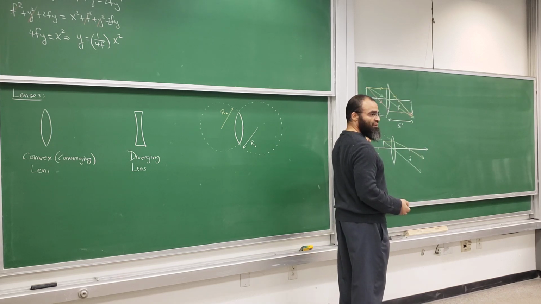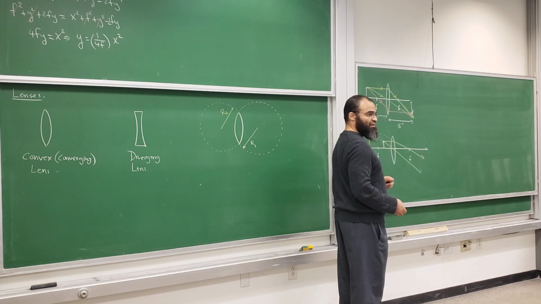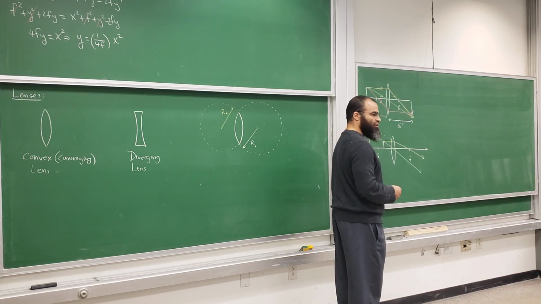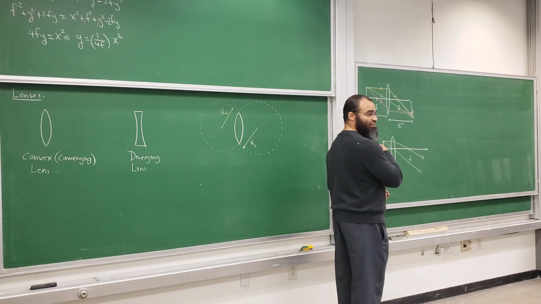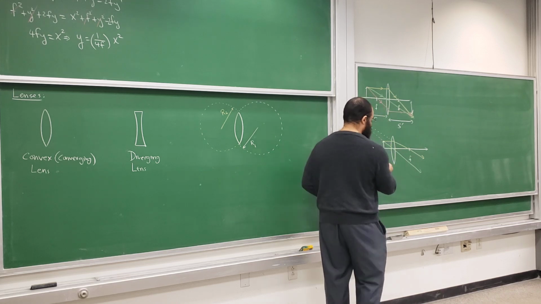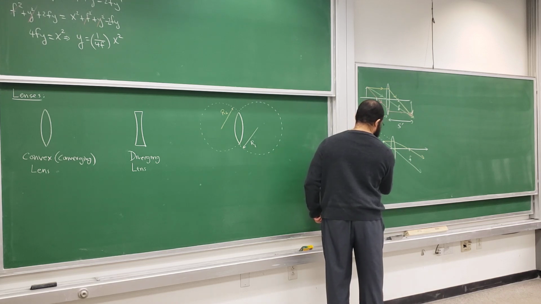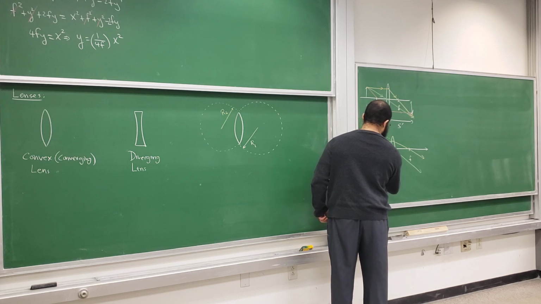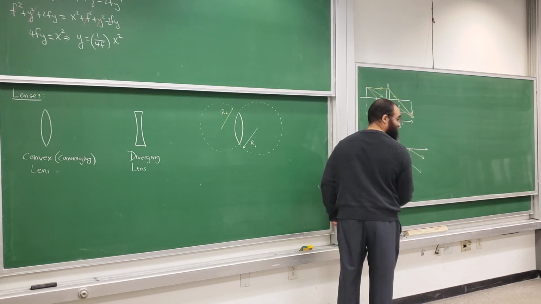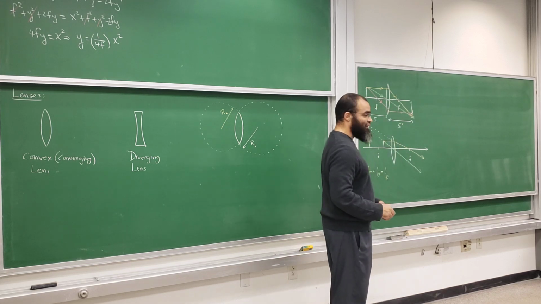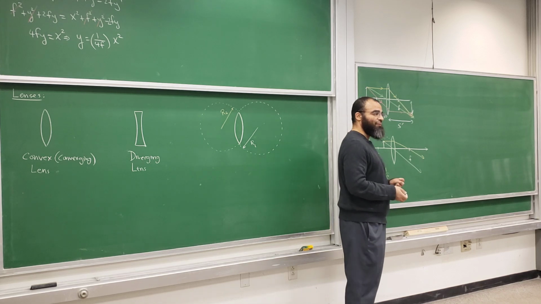So this will be a virtual image. The image distance is negative in this case. And the math will show us. The same equation, by the way, will apply here. We will get the same equation, 1 over S plus 1 over S prime is equal to 1 over F. As long as we stick to the same sign convention that we know, we're good.